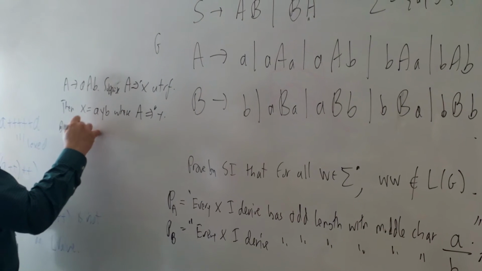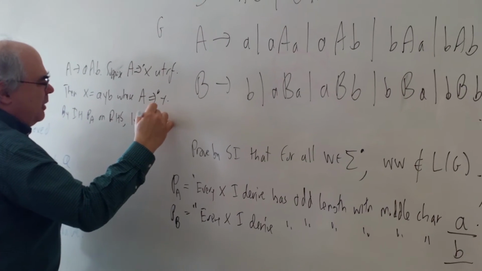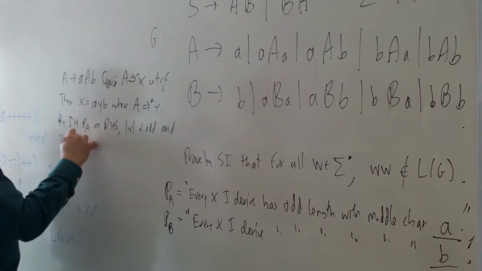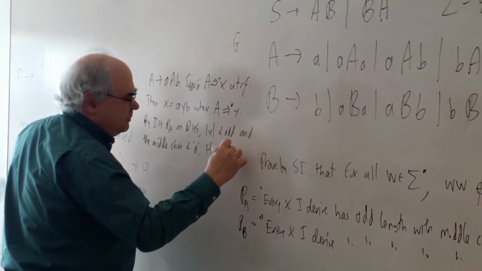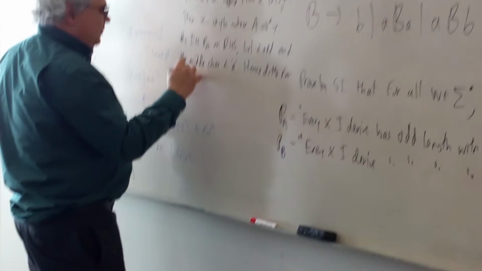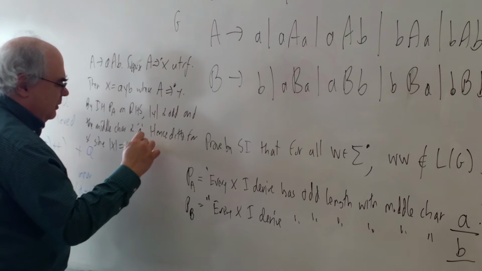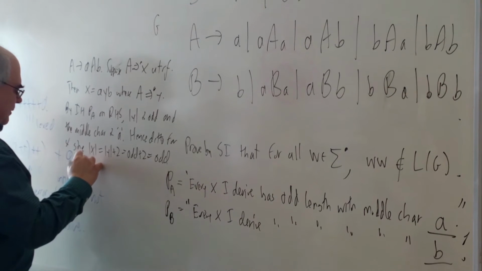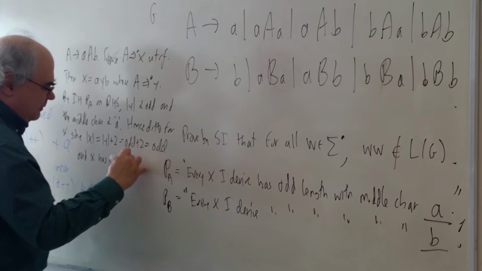Now by IH, P of A on the right-hand side, the length of y is odd, and the middle char is a. Hence ditto for x, since the length of x equals length of y plus 2, equals odd plus 2, equals odd. And x has the same middle character.